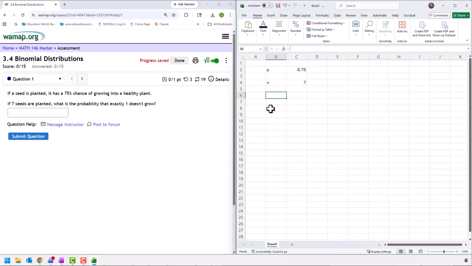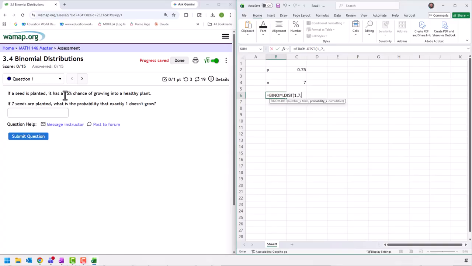So when we go to do our binomial distribution here, notice it says S, the number of successes. We want exactly 1 to not grow. So that's going to be 1. Trials, that's N, 7. The probability of success. Now here we have a 75% chance that it does grow. So the probability of success would be 1 minus that.